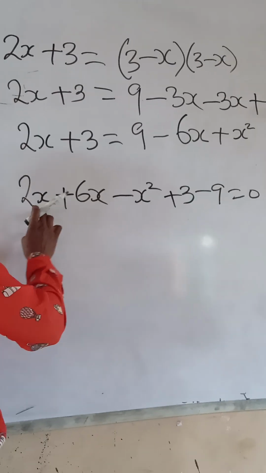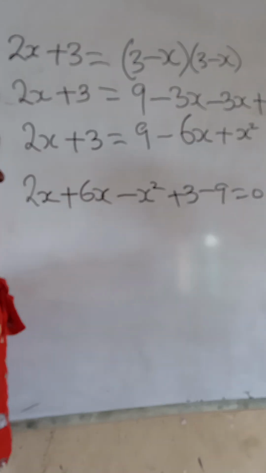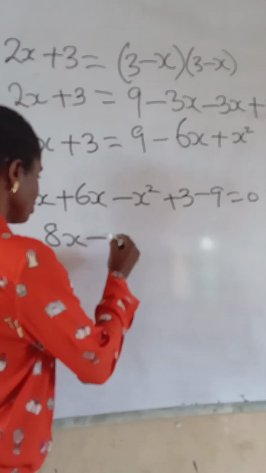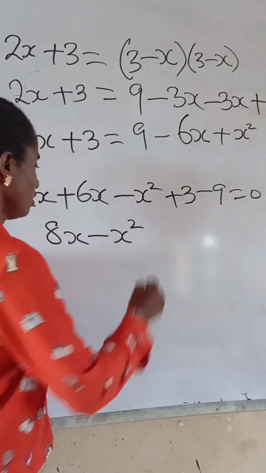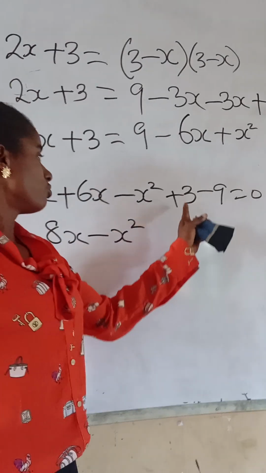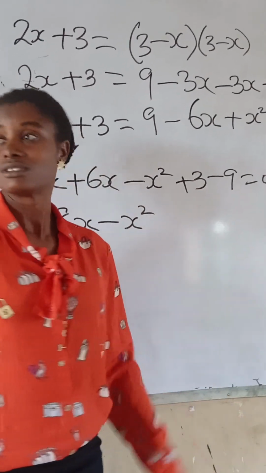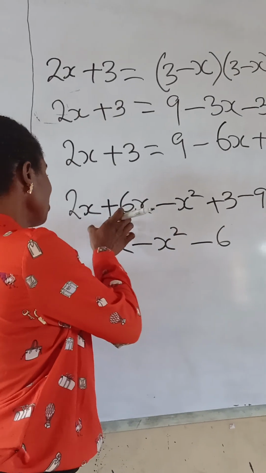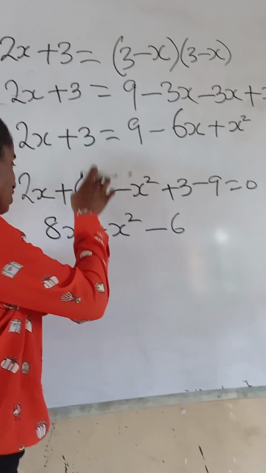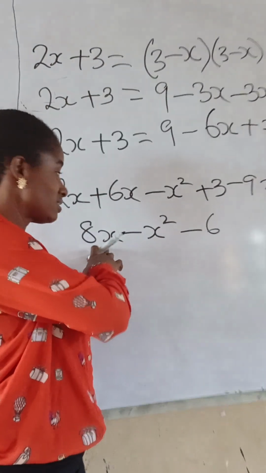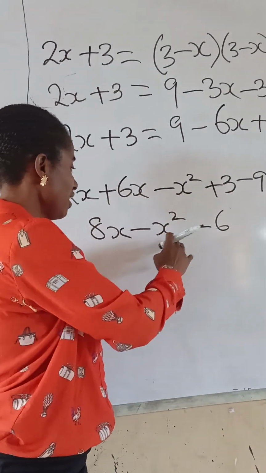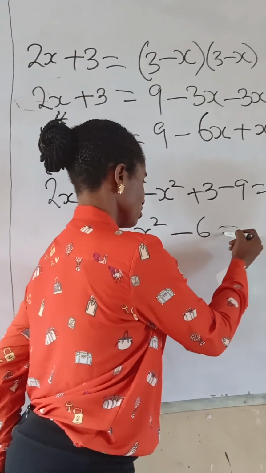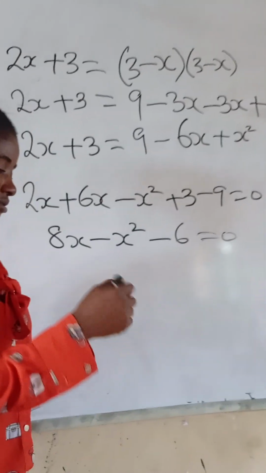We have 2x plus 6x is going to give us 8x, minus x squared, plus 3 minus 9 is minus 6, equal to 0.